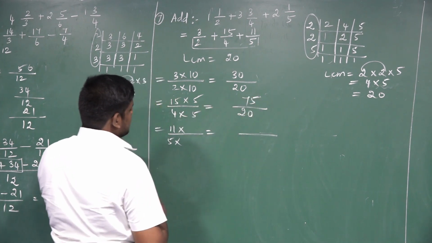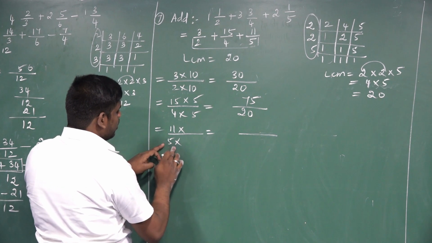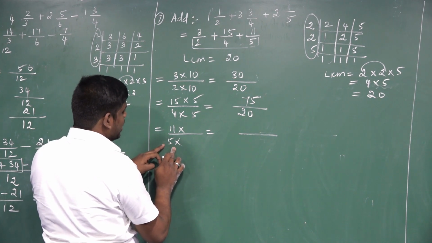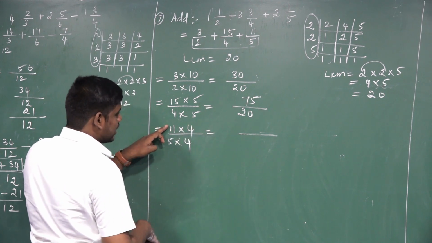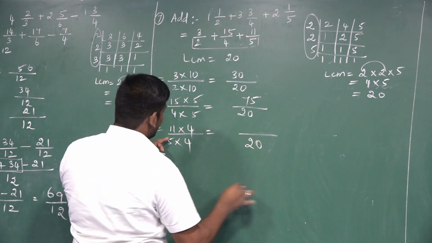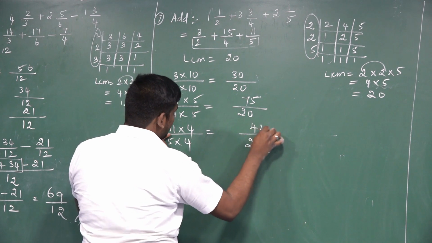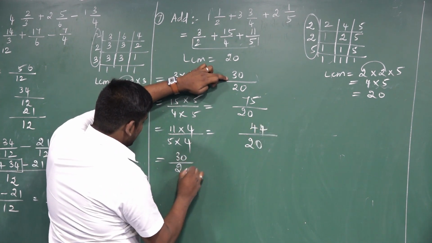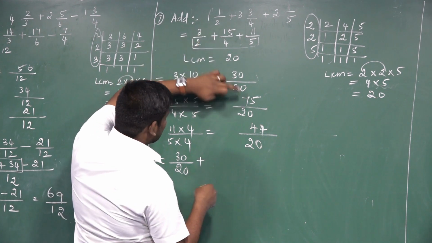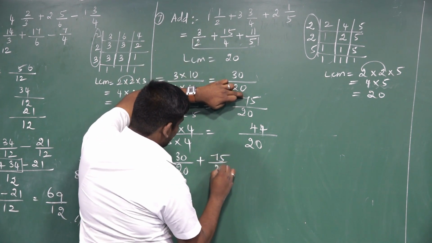We add means 75. Come to the next step. To get 20 as a denominator, 5 is multiplied with 4 and 11 also multiplied with 4. 5 4s are 20. 11 4s are 44. Take and write 30 divided by 20. Then see the symbol plus. 75 divided by 20.